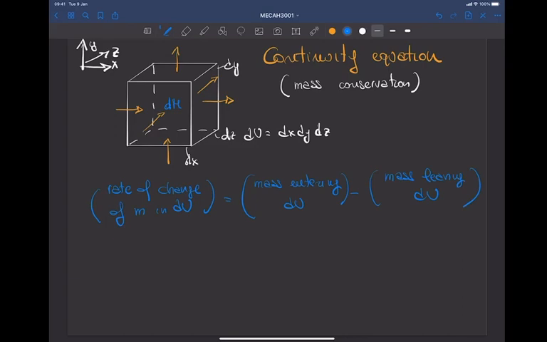Okay, so this is very simple. It's a very simple balance, and this is what we actually have to satisfy and to translate into equation.